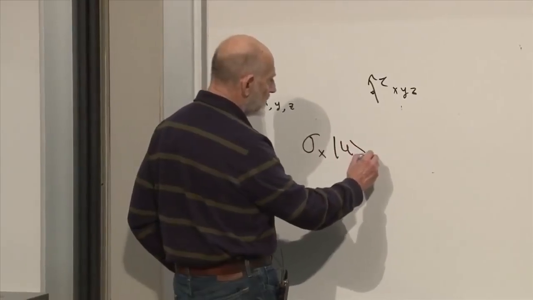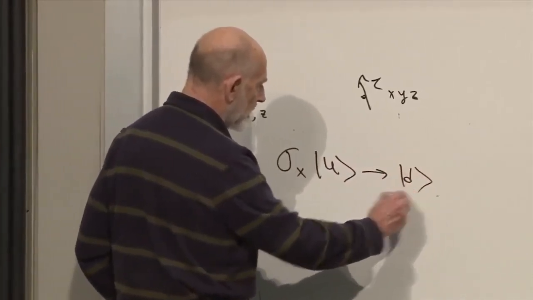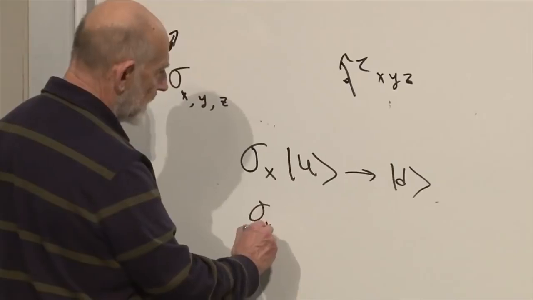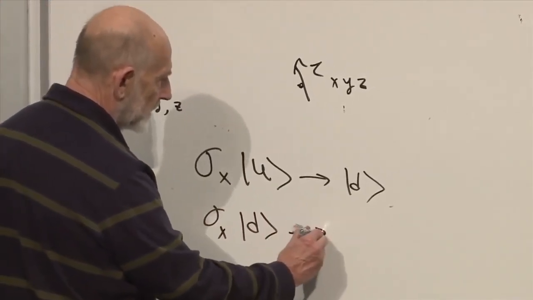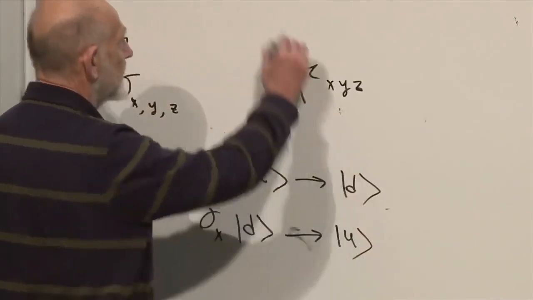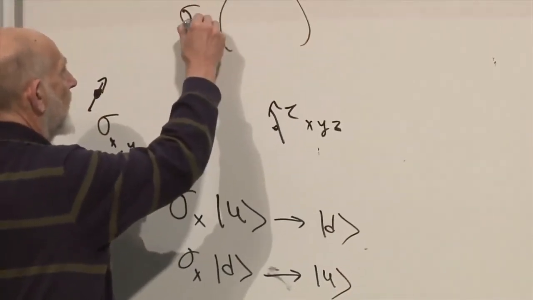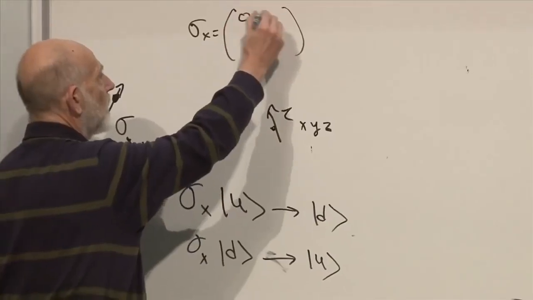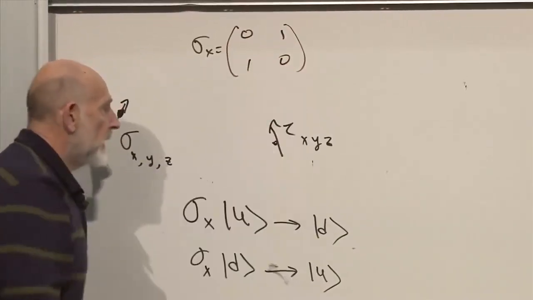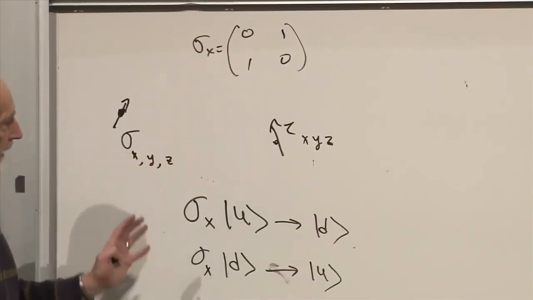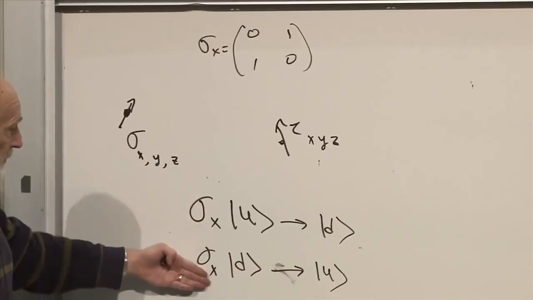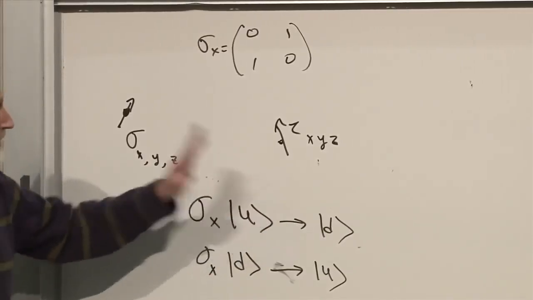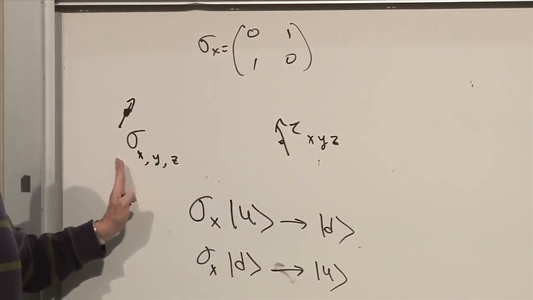If it applies to up, it gives down. If it applies to down, it gives up. You can check that. That's the fact that sigma x is equal to 0, 1, 1, 0. This off-diagonal character means it takes up to down and down to up. This is what sigma x does ordinarily if we only had one subsystem.